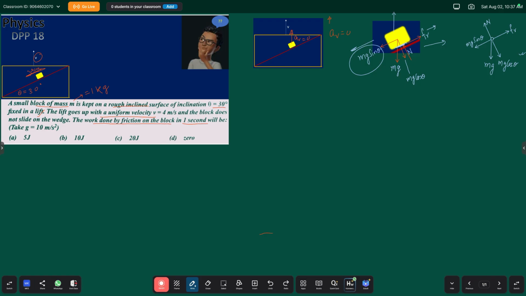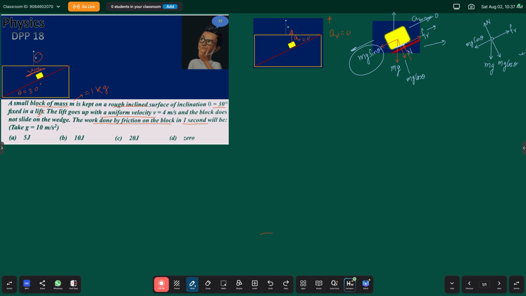Our concern is the work done by the friction force, and the friction force is acting along the inclined surface of the wedge. So we will consider all the forces along the incline. There is no acceleration along the incline, so acceleration along the incline is 0.